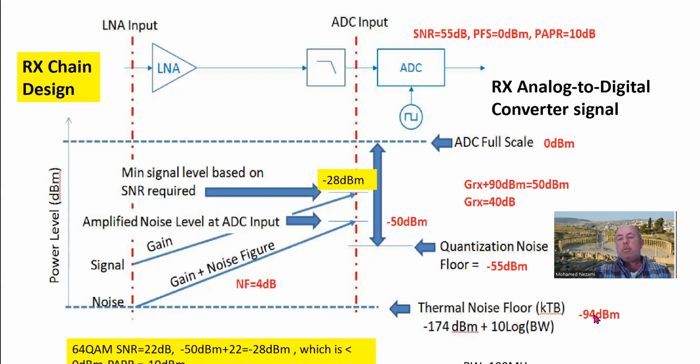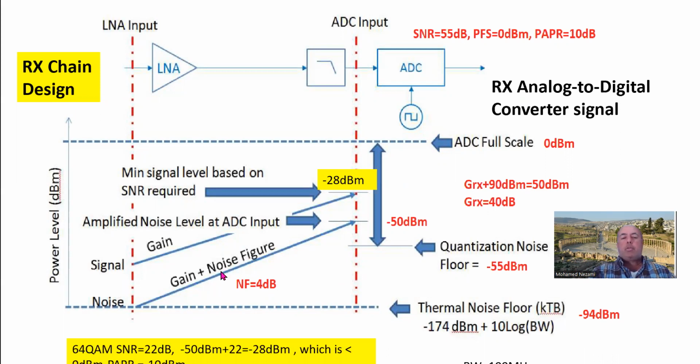So you end up with this number, minus 94. Now we know that noise level is going to be increased by the noise figure, because that's noise on top of the thermal noise. So you're going to enhance the noise floor by that much, which in this case, I took an example of a noise figure of 4 dB. So that means you're at minus 90 dBm.